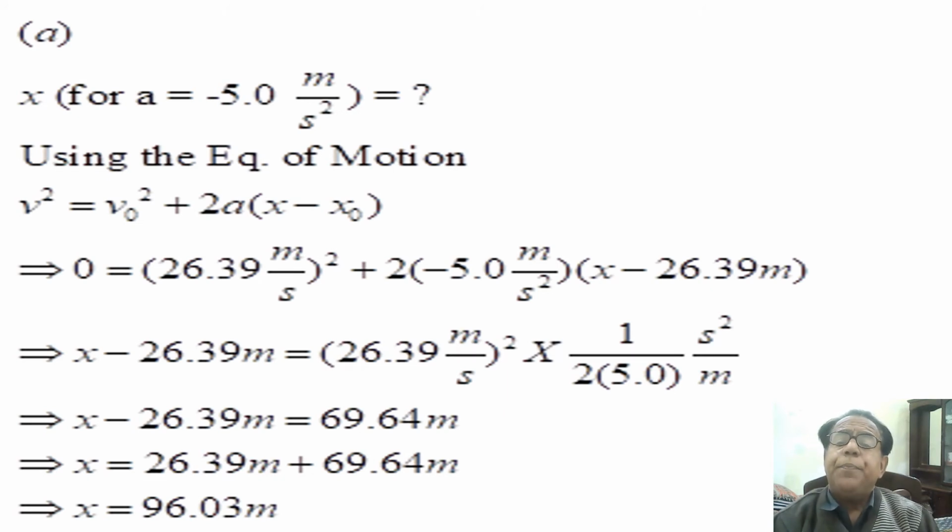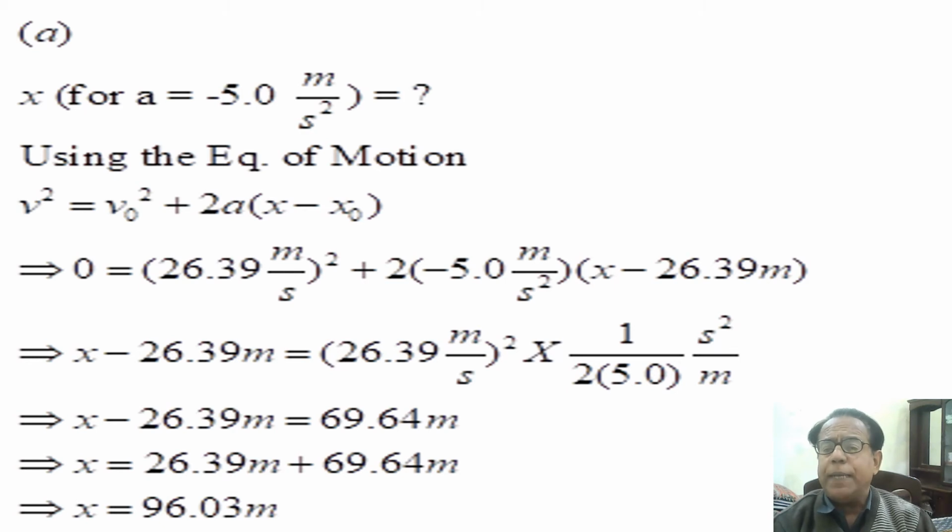Now we will find x for two cases. Here we are considering the first case, when the value of acceleration is given as minus 5.0 meter per second square. Using the equation of motion, square of final velocity is equal to square of initial velocity plus 2a into x minus x naught.